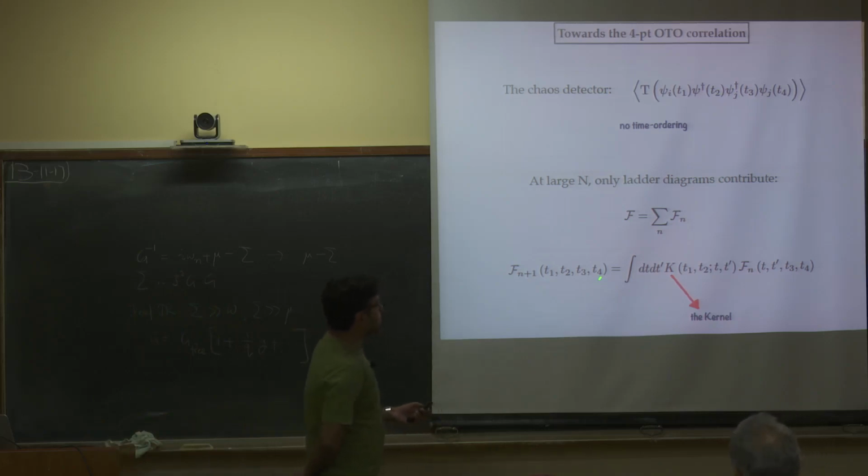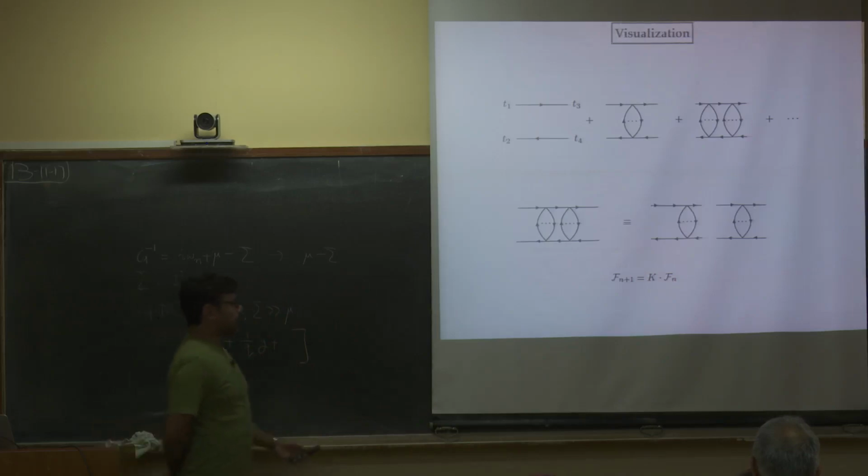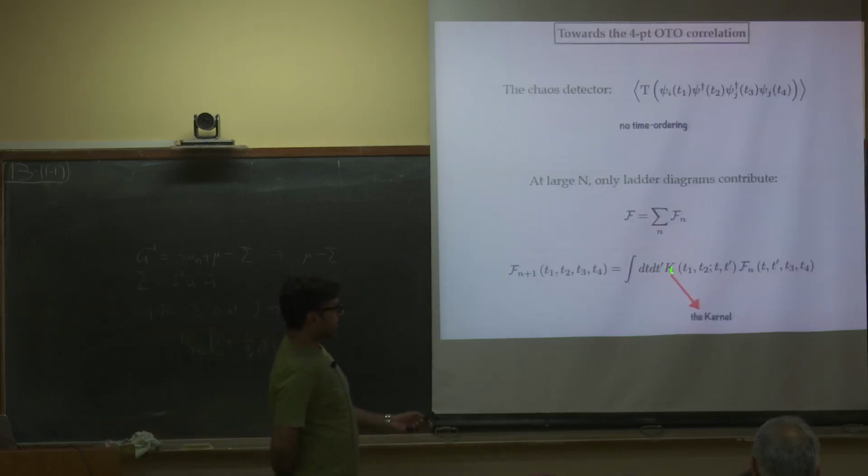Okay. So you have to sum up certain ladder diagrams, and the way to sum this up is actually known. Essentially you can rewrite the (n+1)th order ladder diagrams as an integration over a kernel. What it means is if you can calculate this kernel, then you can calculate the answer.